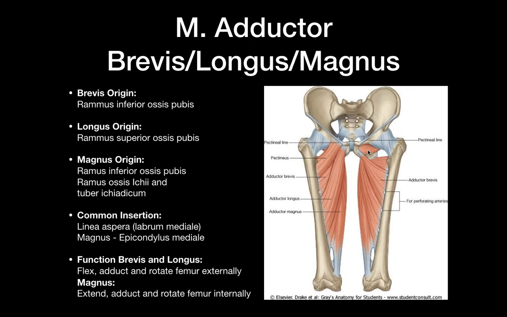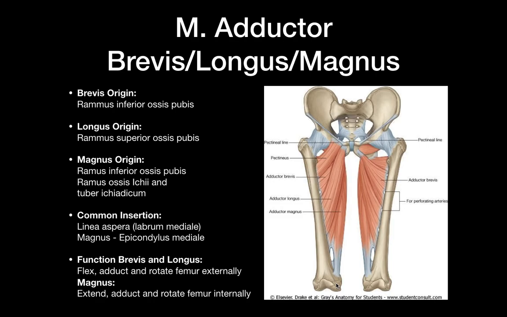And the insertion point of these is going to be linea aspera, labrum mediale. Remember I talked about linea aspera on the back side of the femur, the medial lip. That's where they're going to attach. But the magnus is a big muscle right here. It stretches the whole femur. This one's also going to insert at the epicondyle mediale, as you see here.